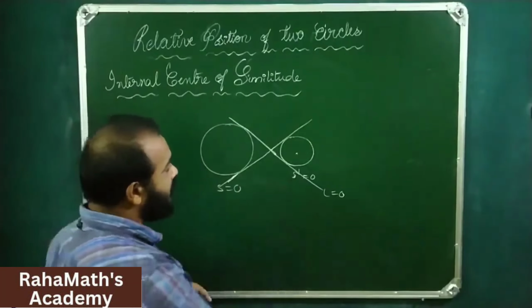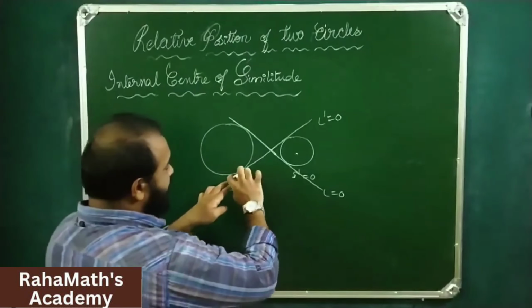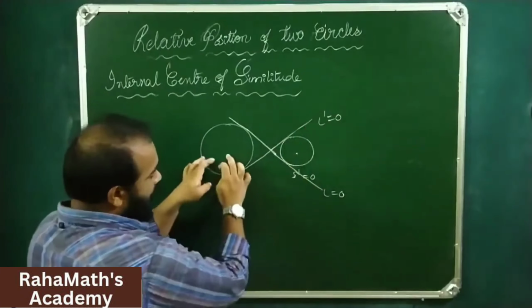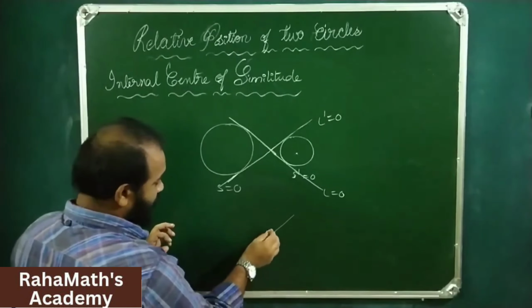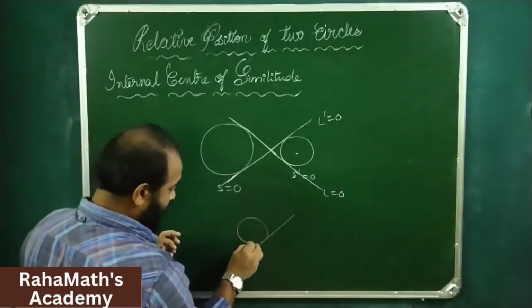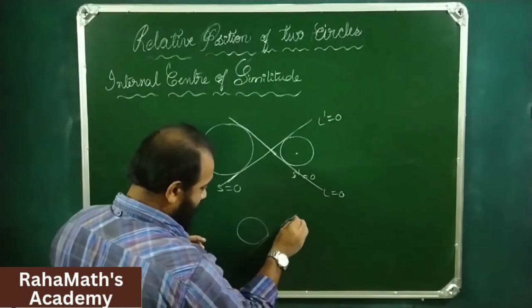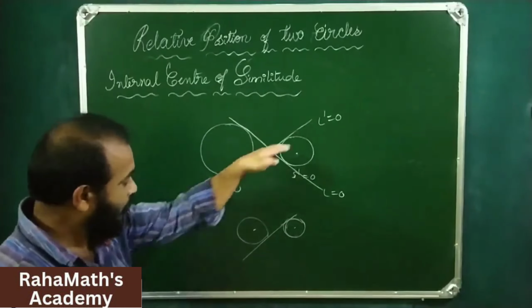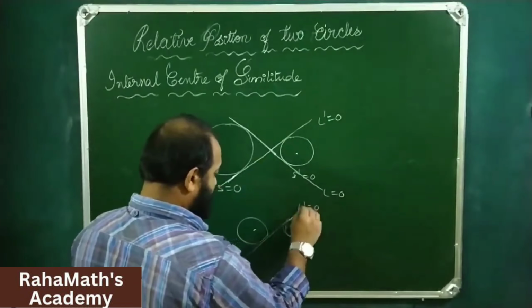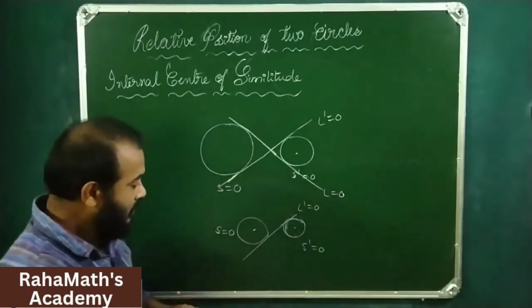Why? Because this is another line L dash equals 0. So the situation is something like this now. This is S equals 0, and this is S dash equals 0.